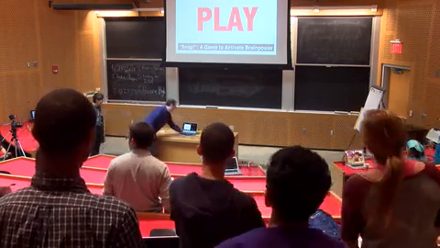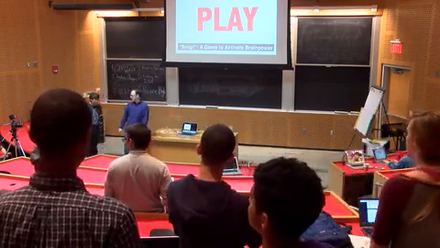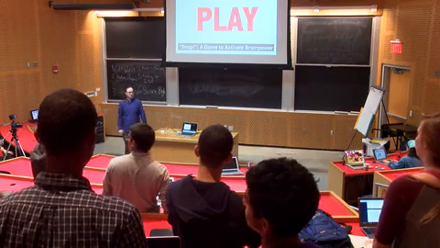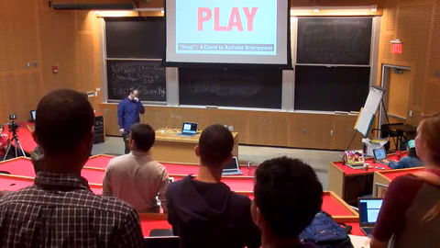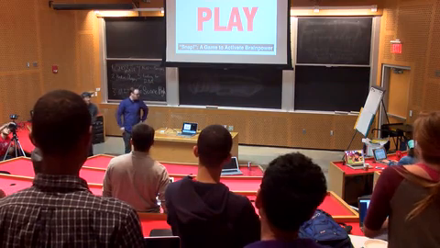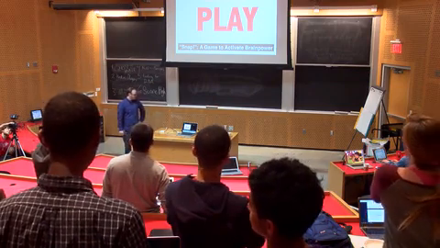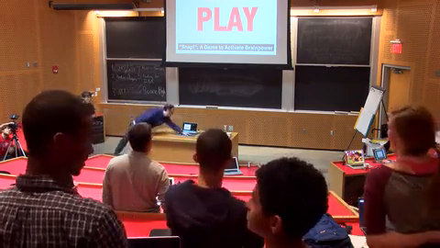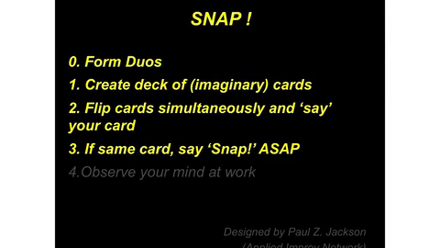Then you start again. The purpose is, in 1 minute or less, to snap as much as you can. Those are the rules. Shuffle your cards. Ready, set, and go. You have less than a minute.